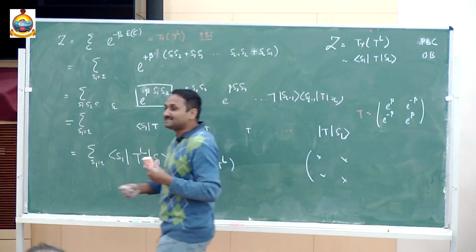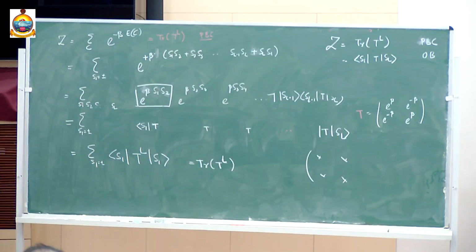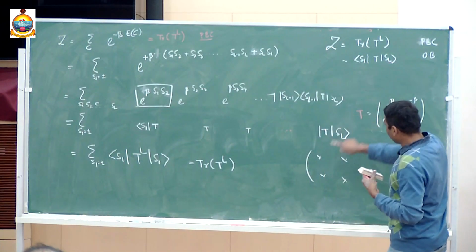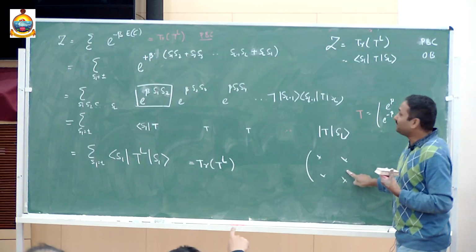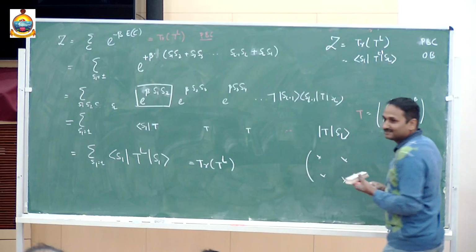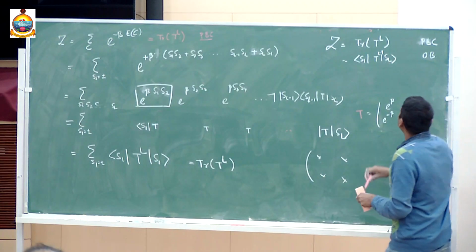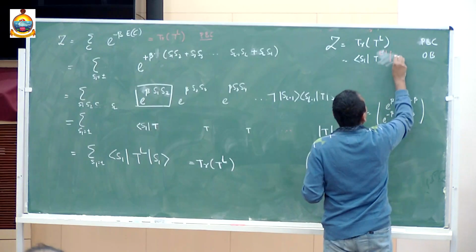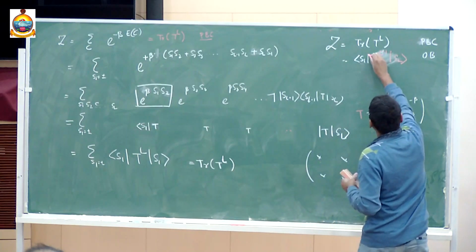So if S1 is plus and SL is minus, then you still have these elements of T to the power L minus 1. So let us write it correctly: T to the power L minus 1, SL. Okay, so these are the boundaries now.